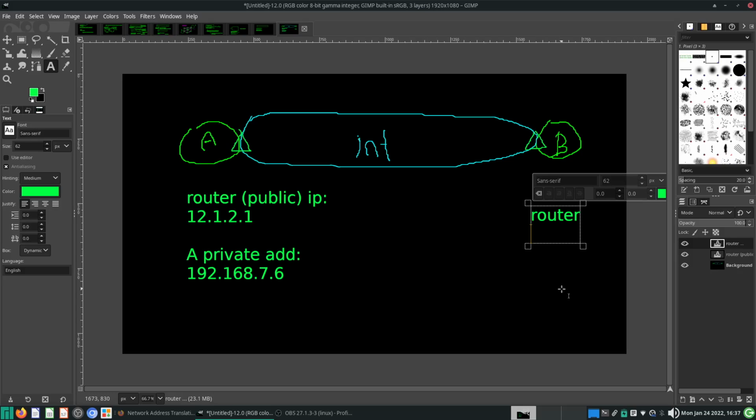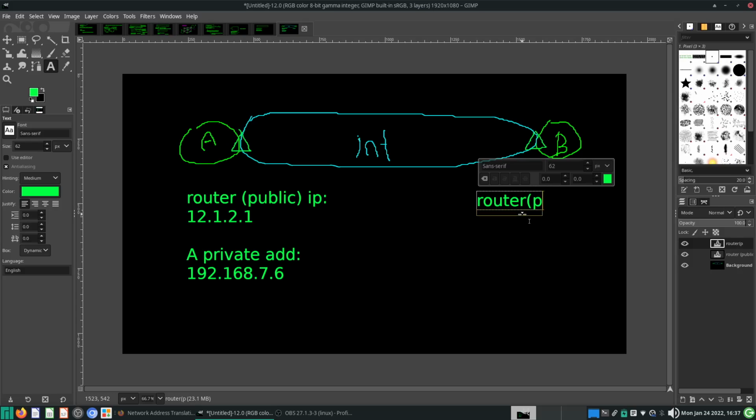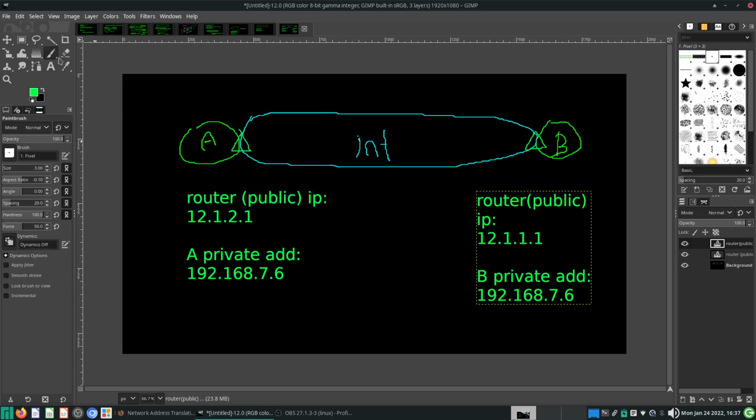Again, the router B public IP is 12.1.1.1, and B's private address is 192.168.7.6. So in this case, how do we tell the router to send your information to the correct computer on this network with this IP address?